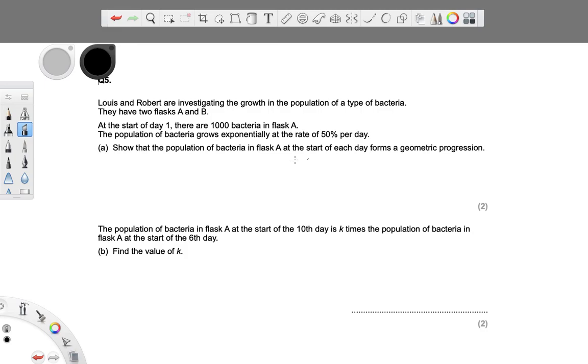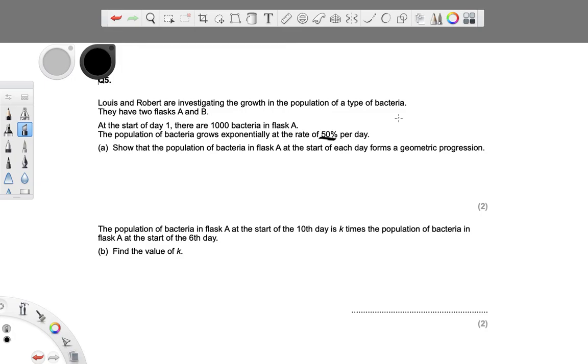geometric progression. Okay, so the first thing to note here is that the bacteria is growing at a rate of 50% per day. So there's a percentage increase of 50% per day.